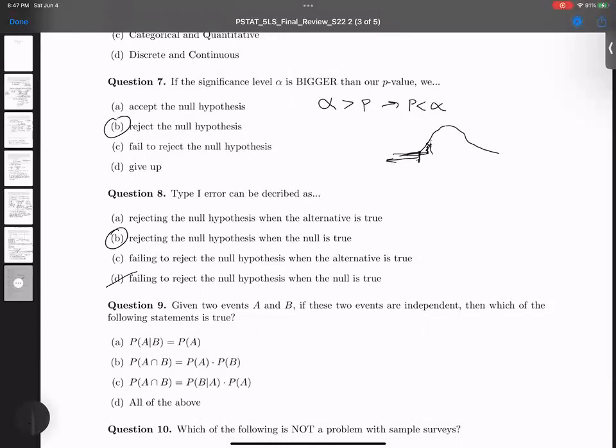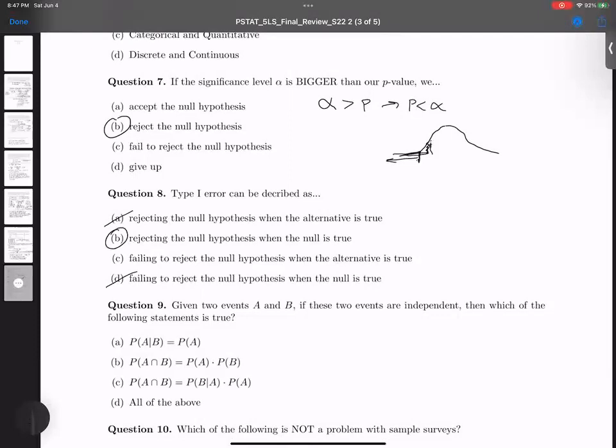If the null is true and we didn't reject it, that's not an error. And if we reject the null when the alternative is true, that's also not an error, because the alternative is true, which means the null hypothesis is false and we rejected it. So we could at least narrow it down to 50-50.